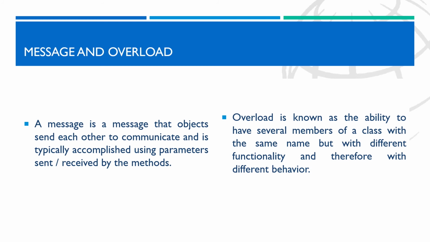One way to get objects to collaborate with each other is through the exchange of messages. A message is what objects send each other to communicate and is typically accomplished using parameters sent and received by the methods.